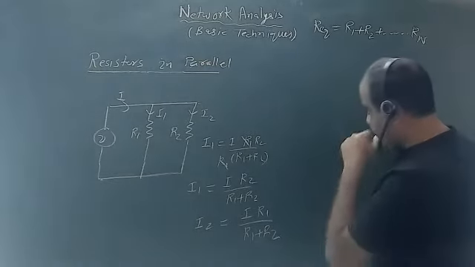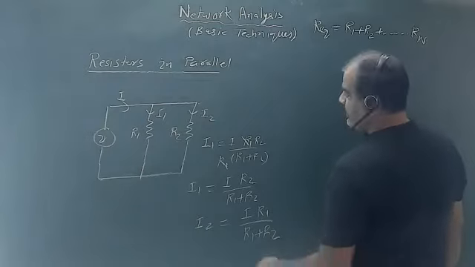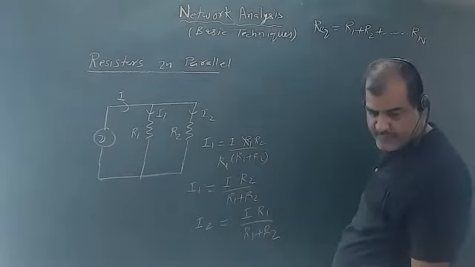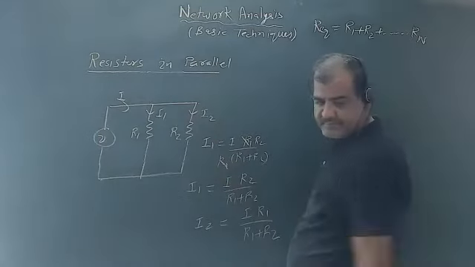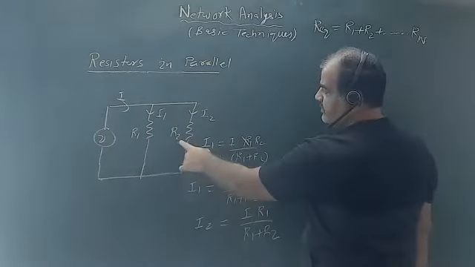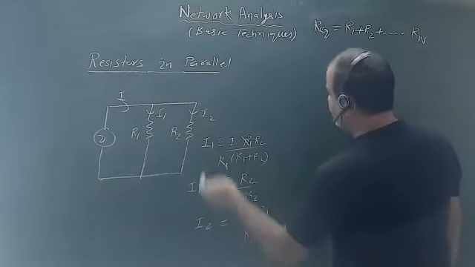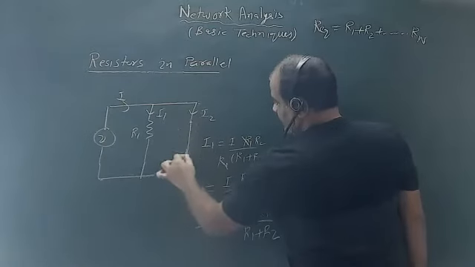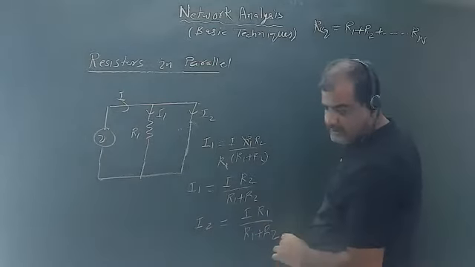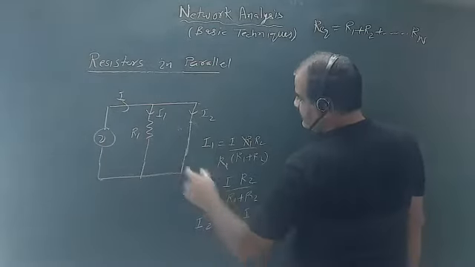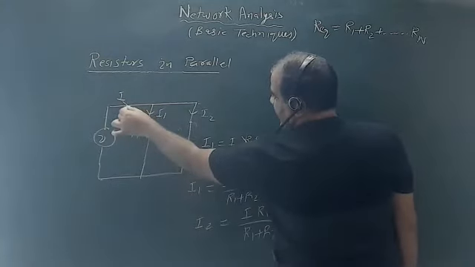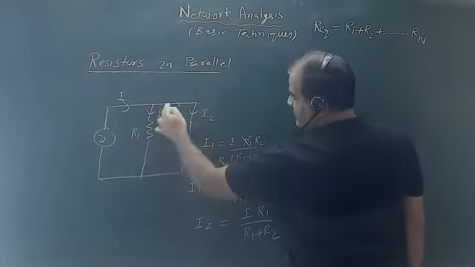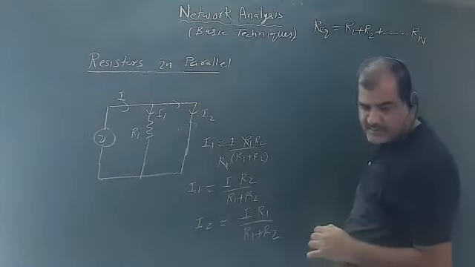So here you can see, if R2 is 0, तो I1 कितना हो जाएगा? तो I1 आपका 0 हो जाएगा. इसका मतलब R2 0 क्या मतलब? इसका मतलब शॉर्ट कर दूं. If I make it short, zero resistance, सारी करंट जितने भी करंट आई है वो यहाँ आके फ्लो हो जाएगी, क्योंकि करंट will always choose the path which has the lowest resistance.